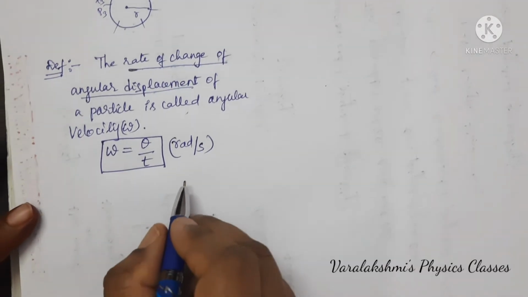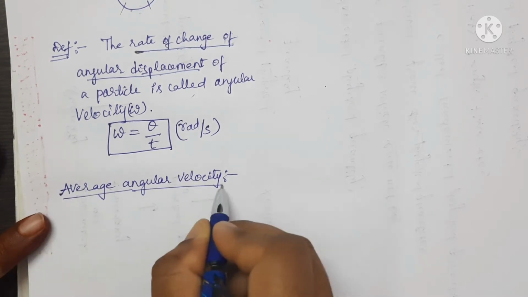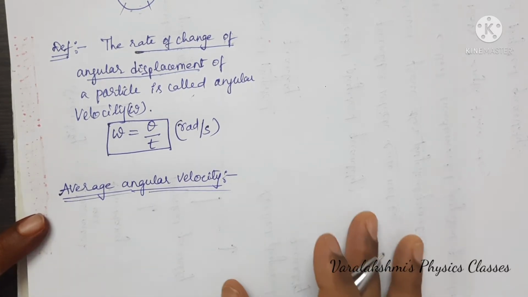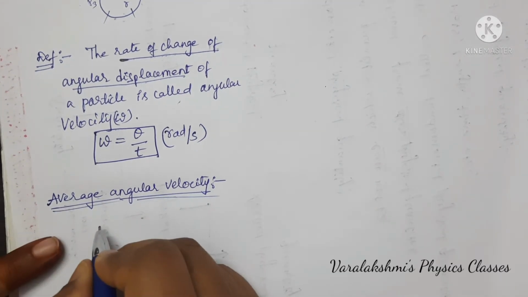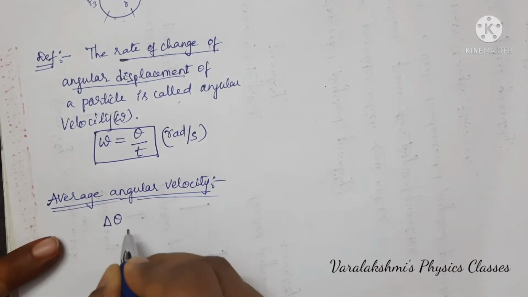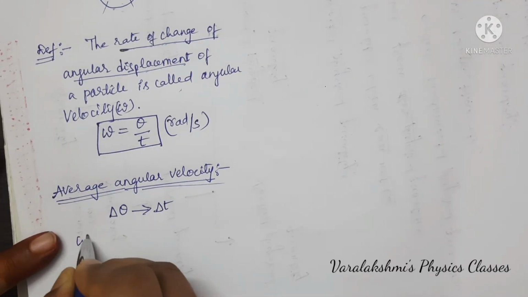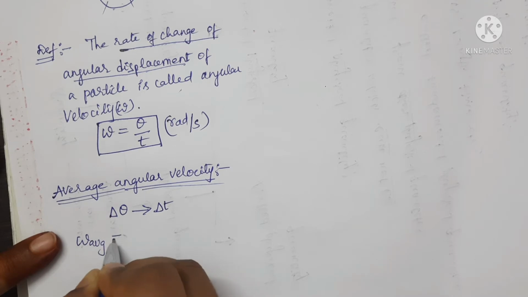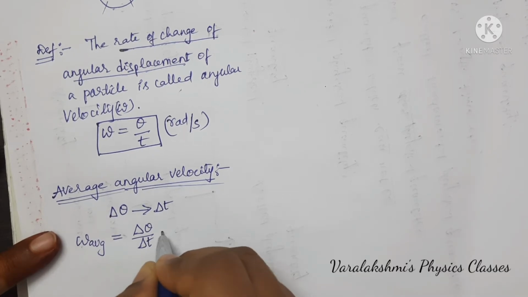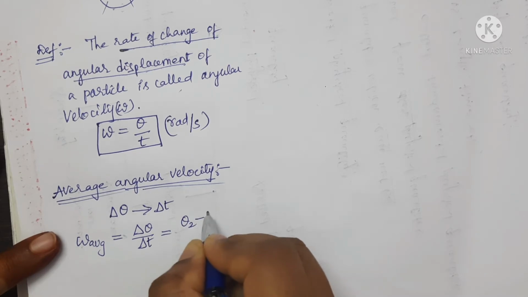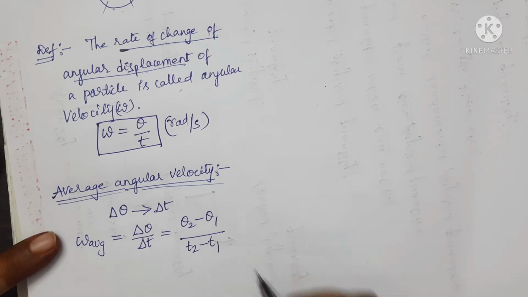Now let us talk about the average angular velocity. If the change of angular displacement is delta theta in a time interval of delta t, then the average angular velocity of a particle is given by delta theta upon delta t, which can be written as theta 2 minus theta 1 upon t2 minus t1.